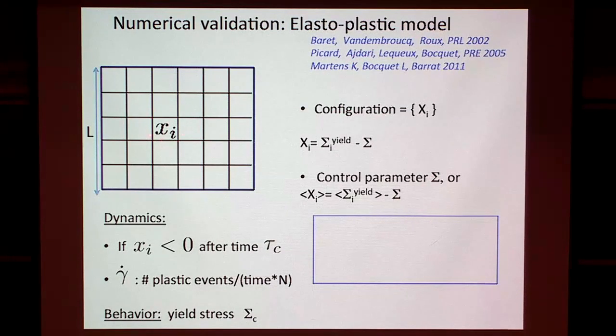You think again about the system mesoscopically, and you cut it into boxes, and again, the state variable in a box is the distance to the yielding transition, x. So x is the local yield stress minus the applied stress. The control parameter in this model is, for example, the applied stress. That is equivalent to fixing the mean value of your x variables.